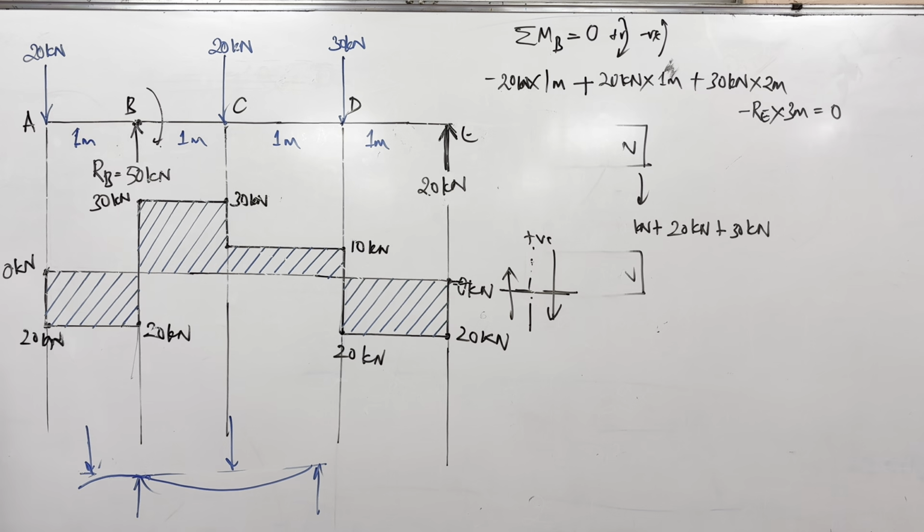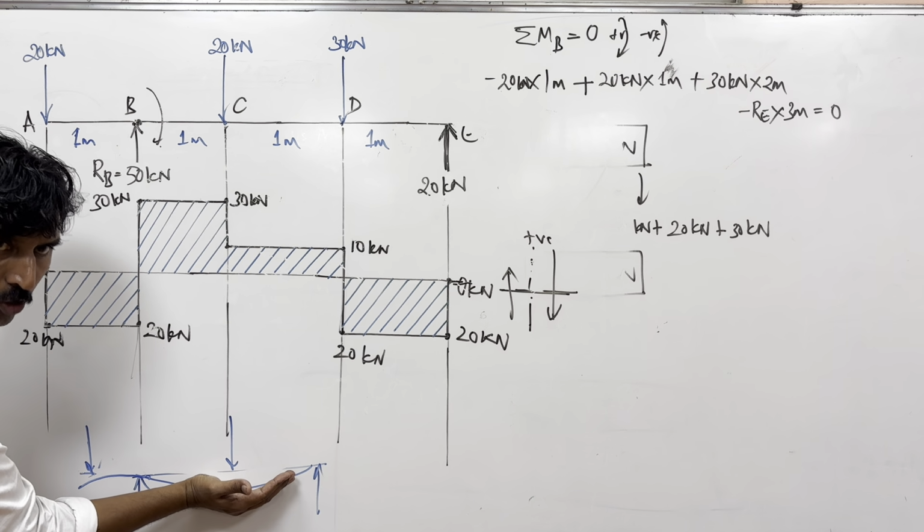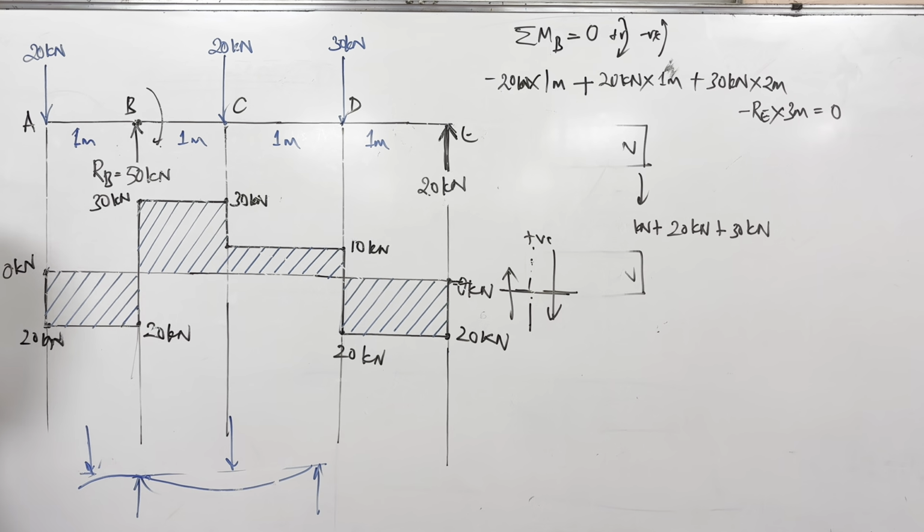Wherever the curvature is like this, it is sagging, it is positive. Wherever the curvature starts becoming like this, ulta, opposite. From here it starts becoming ulta, like this. So somewhere here, it is actually changing from positive to negative. We call this point the point of contraflexure.